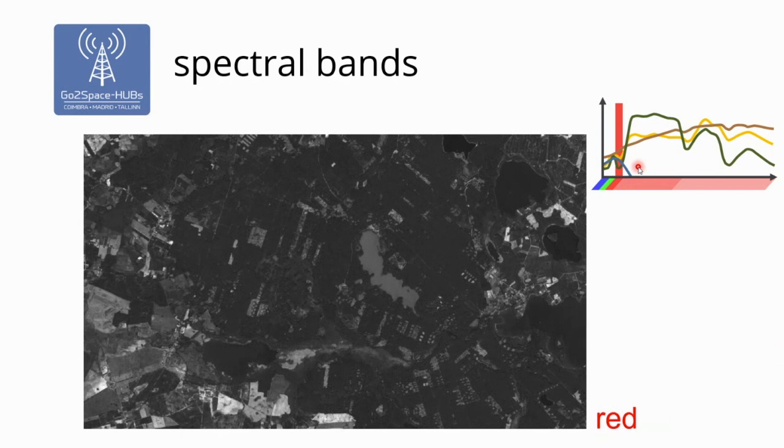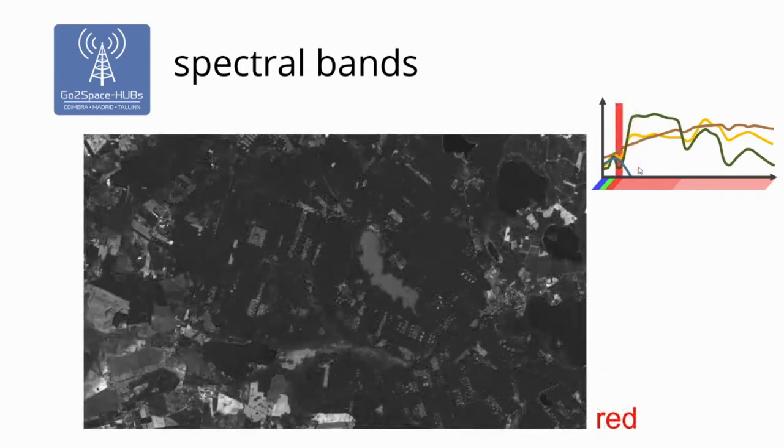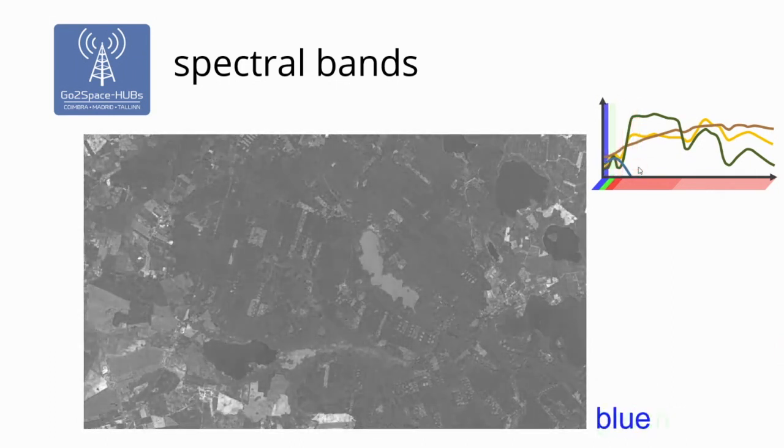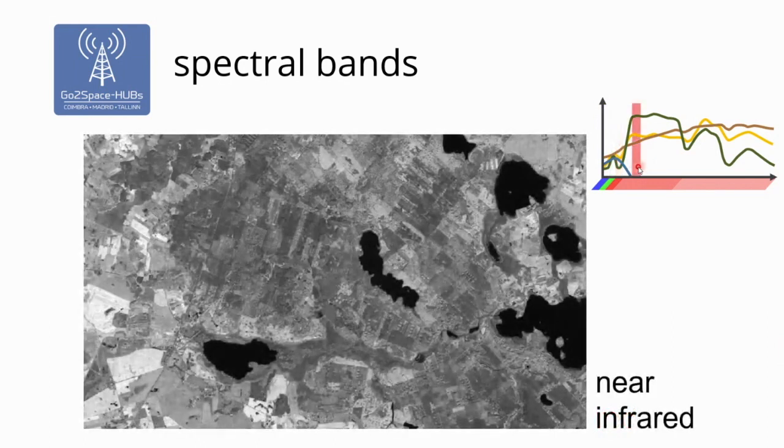Red image again, and what will happen next when we switch to near infrared image, we'll see that the image will be completely different, because this is completely new information we can see in this image. So here again, blue, green, red, quite similar, not exactly the same, but quite similar, and near infrared, completely different story.